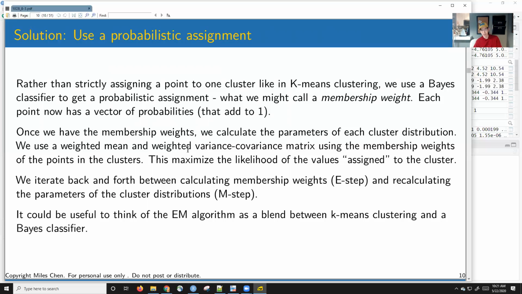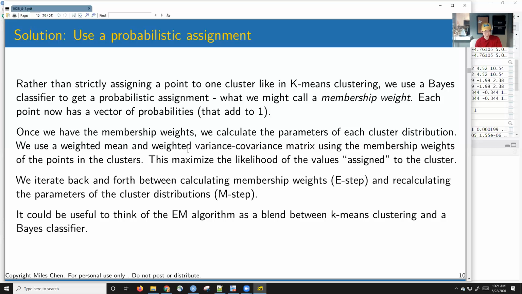We call that a membership weight. Each point gets a vector of membership weights that add up to 1, but they are probabilistic assignments. So it is possible for this point to, quote unquote, belong to more than one cluster, but it does so probabilistically. So this one is 80% cluster 1, 19% cluster 2, 1% cluster 3, or something like that.